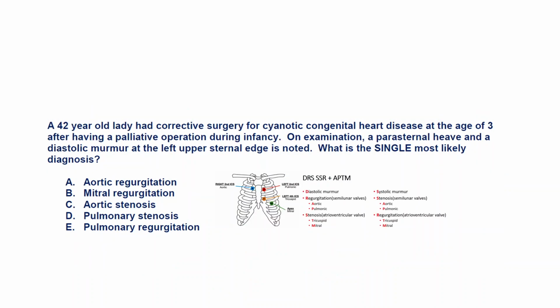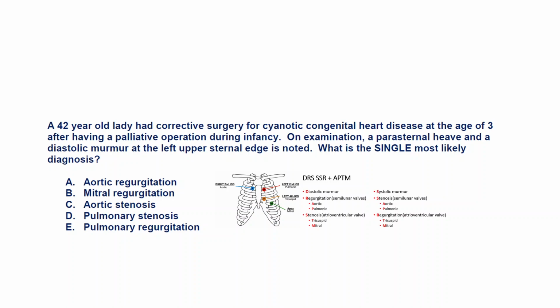Here's another question. A 42-year-old lady who had a corrective surgery for cyanotic congenital heart disease at the age of 3. On examination, a parasternal heave and a diastolic murmur at the left upper sternal edge. Then you've gotten your answer already. That singular statement gives you the answer.